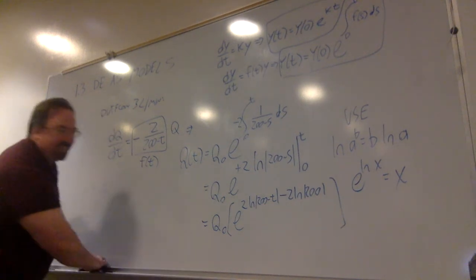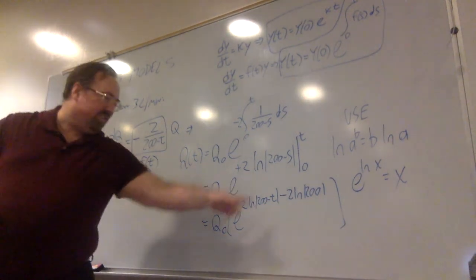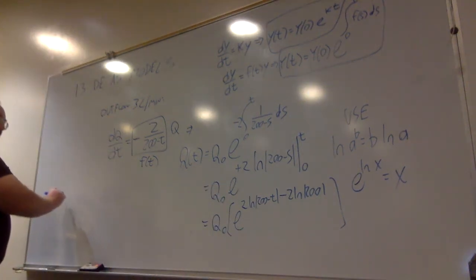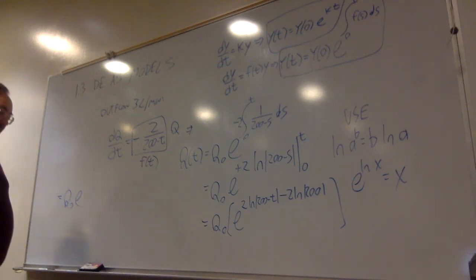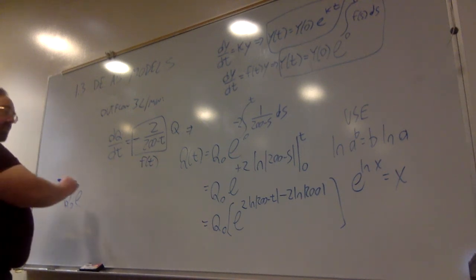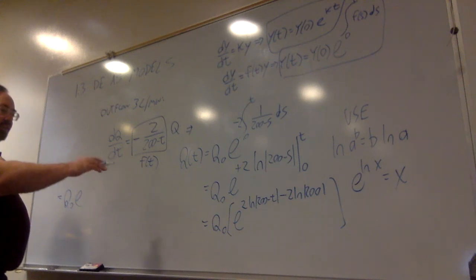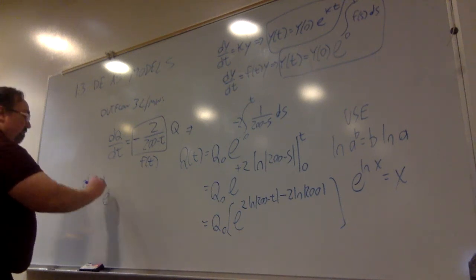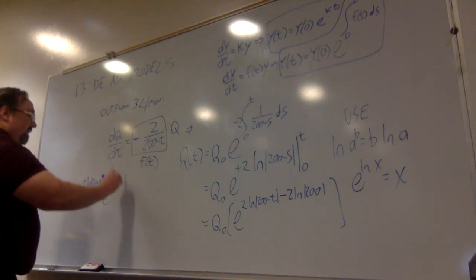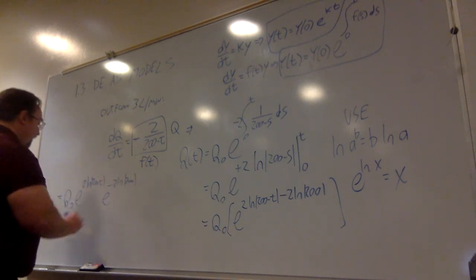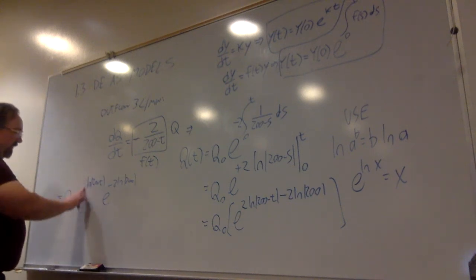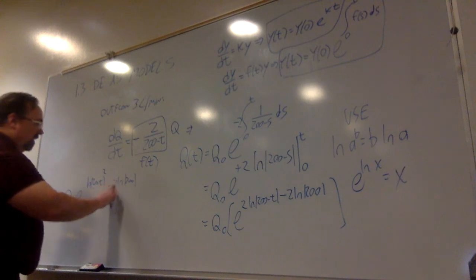So, at least we can guarantee that an exponential something is going to be positive. So we have Q naught e. All right. So now using the laws of exponents, I have these things subtracted, but multiplied. And then I can do the same thing I did before, where I move the exponents here.